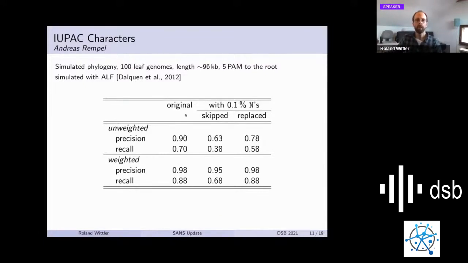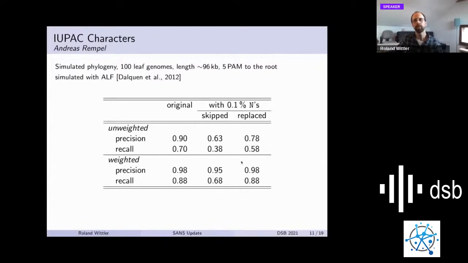And then we took the sequences and randomly inserted Ns every now and then. And the default version, where we skip all k-mers that overlap such a character, well, there we have a huge drop in precision and recall, as you can see here.